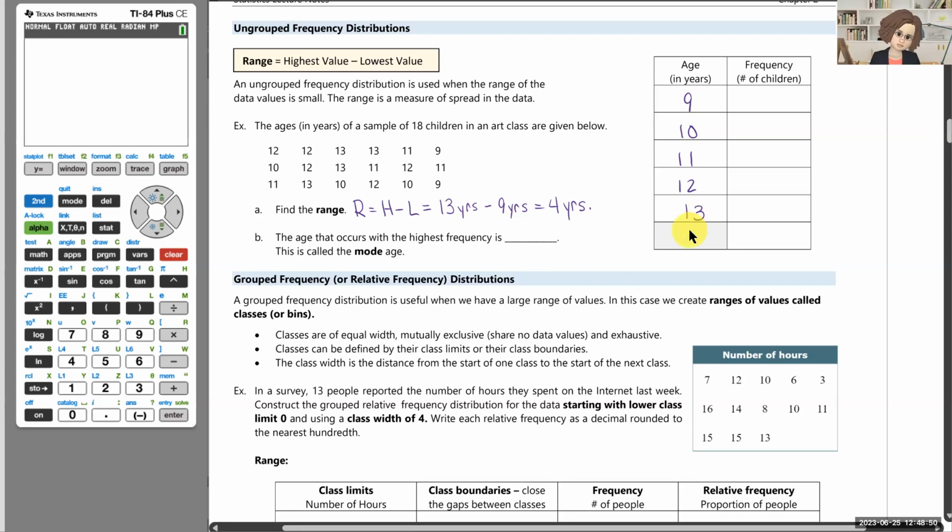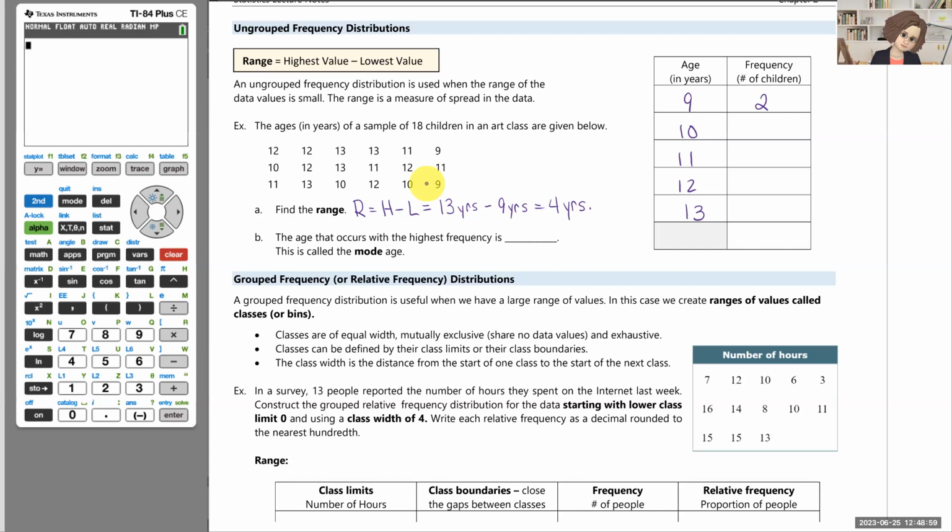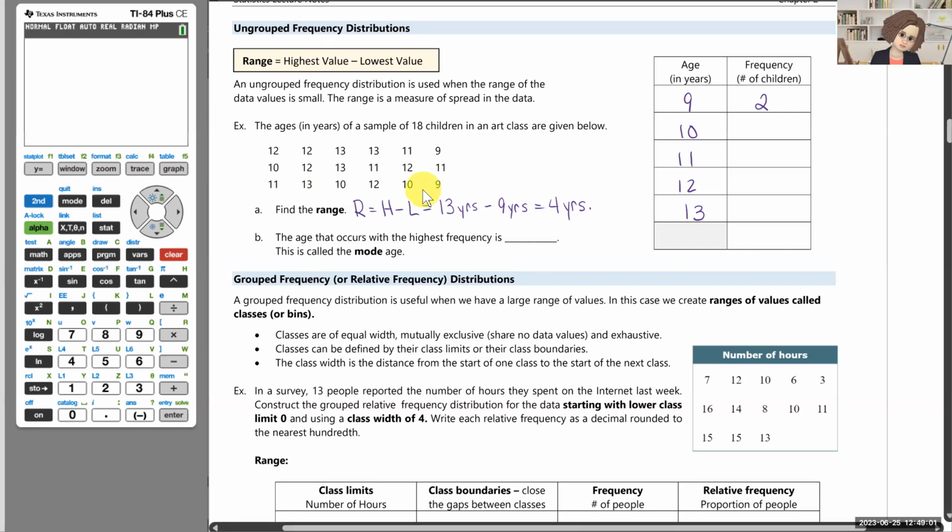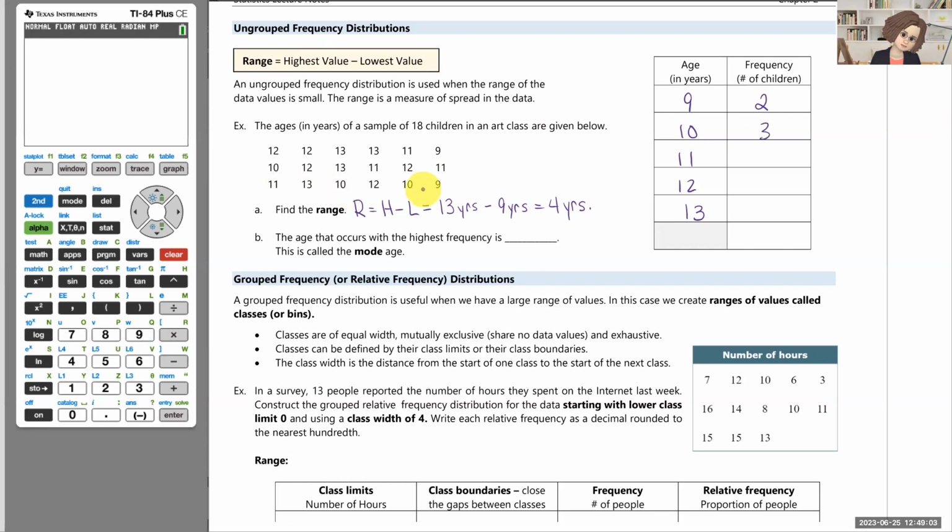So just trying to organize the data. So we're looking for the frequency, number of children that were 9, and it looks like 2. And then for my 10-year-olds, I have 3. And then if you want to count your 11-year-olds, that will be 4. There'll be 5 12-year-olds and 4 13-year-olds.